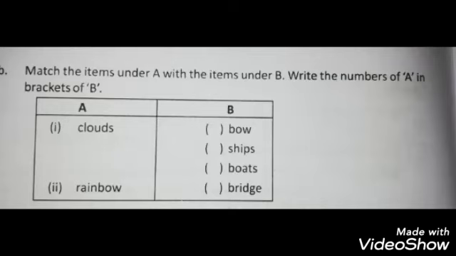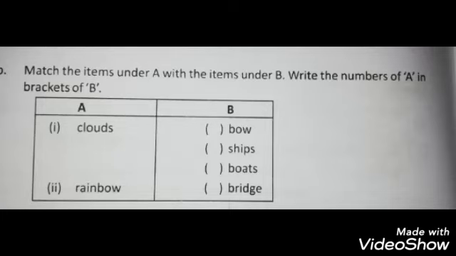Your teacher will not read these words serially, but according to his or her wish. Suppose first heaven, then bridge, then rainbow, then prettier, then across or river, like that. So you will put a tick mark against each word.